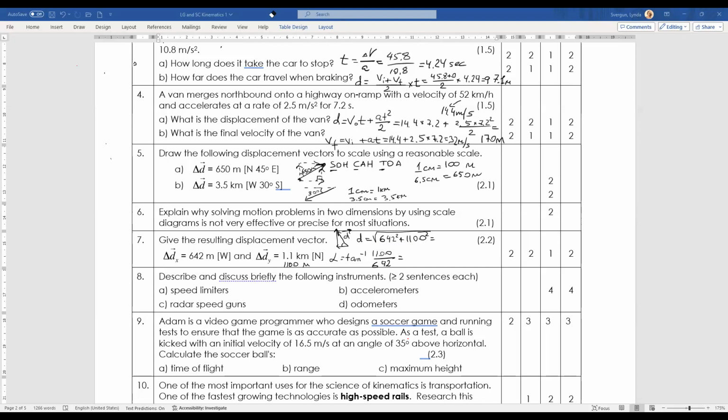Is this 4 or 9? That's 4 or 9. 642 and 1100. Okay. minus 53.